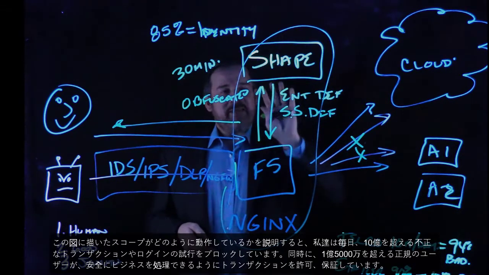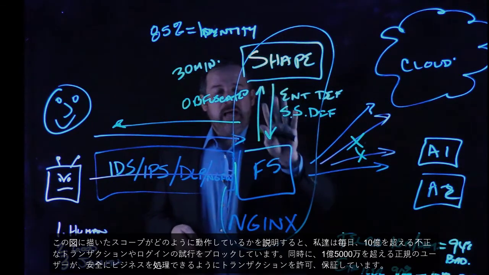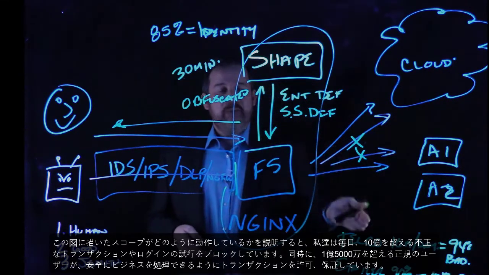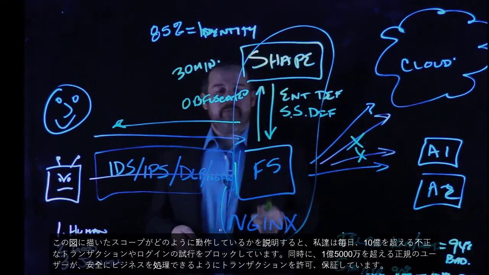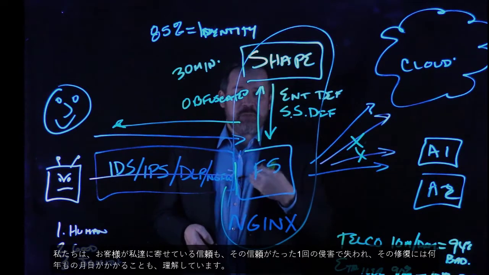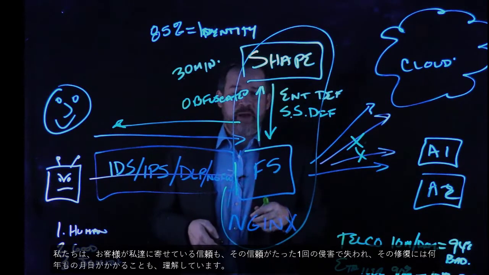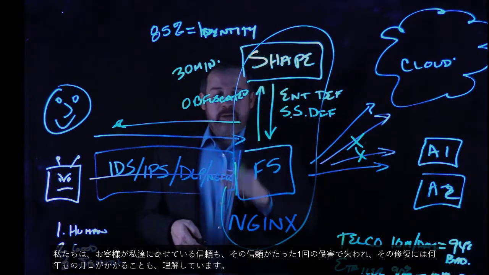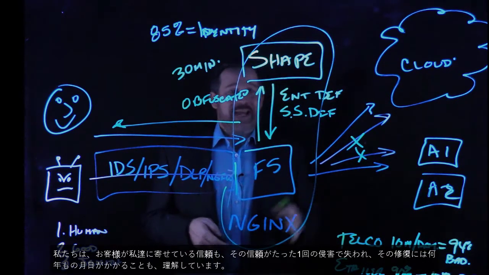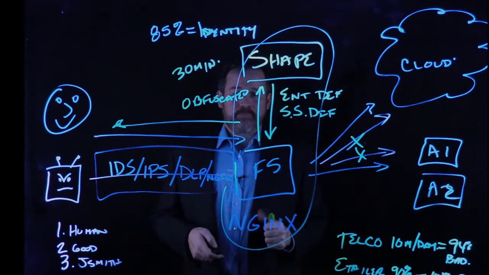At the same time, we ensure that over 150 million legitimate users are able to transact business in a safe manner. We understand the faith that our customers put in us and that their customers put in them, and that one single breach can break customer trust, and it can take years to repair.